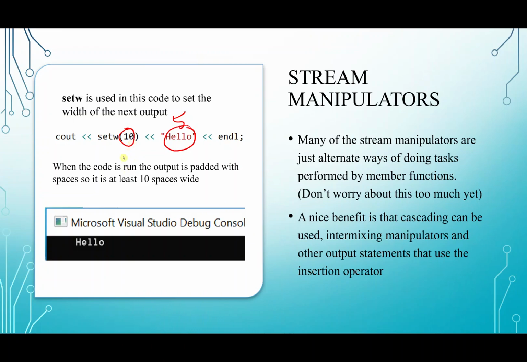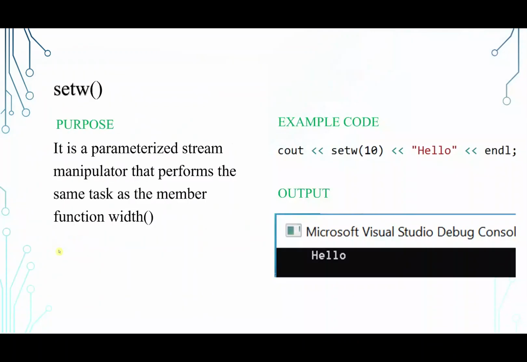So we have 5 out of 10 used and 5 spaces. And where you will find the hello, you will find it to the right of the imaginary field, right aligned. Like this. Leave 5 spaces, then the hello is going to show.